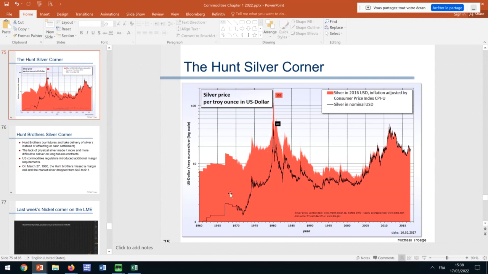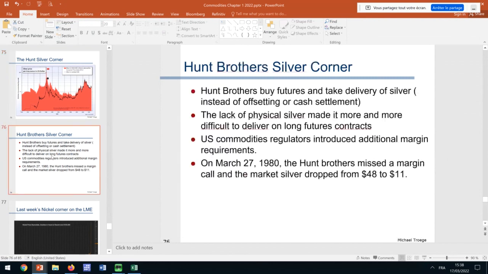Of course, if you don't offset these silver contracts, at some point you buy the silver and somebody else is selling the silver. So at some point you have speculators, traders who had speculated on a decrease in silver prices, but they didn't have any silver.